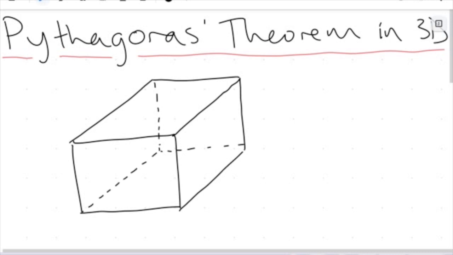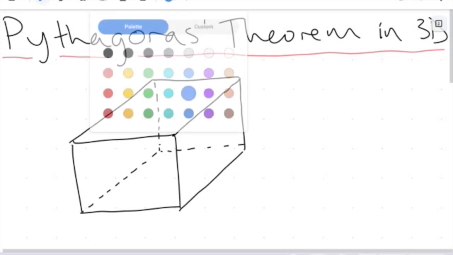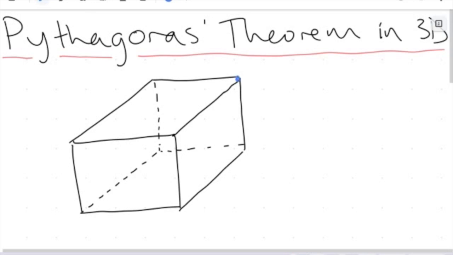And in this 3D rectangular prism, we can actually make a couple of right angle triangles. What if we, say, went from this corner at the top down to this corner in the bottom and over to here?